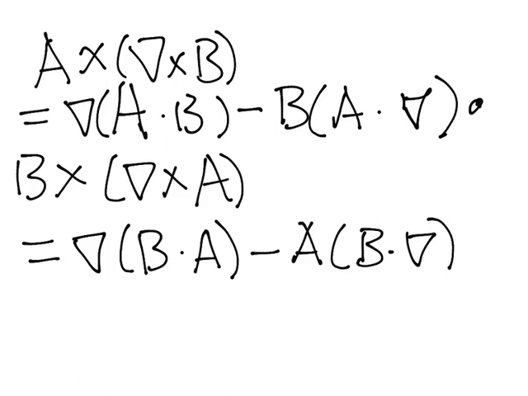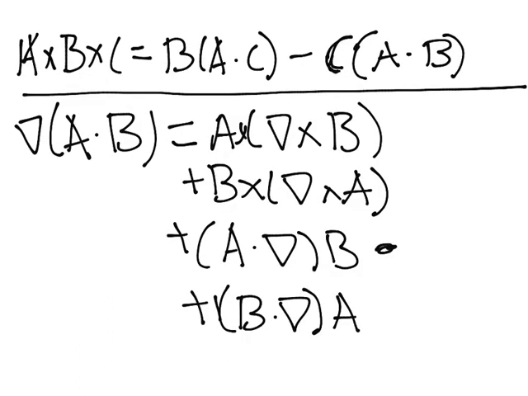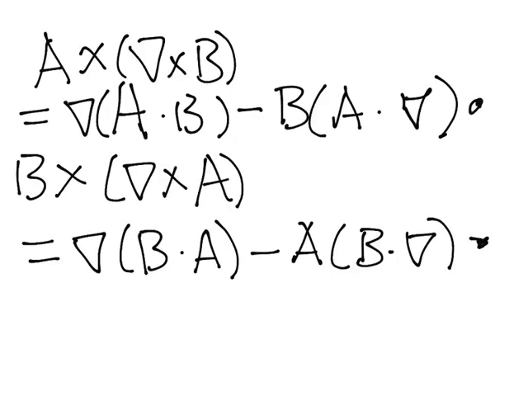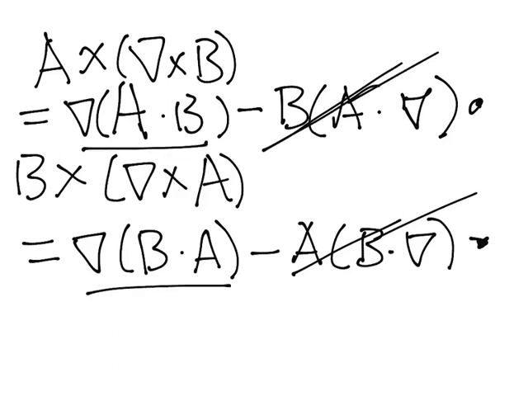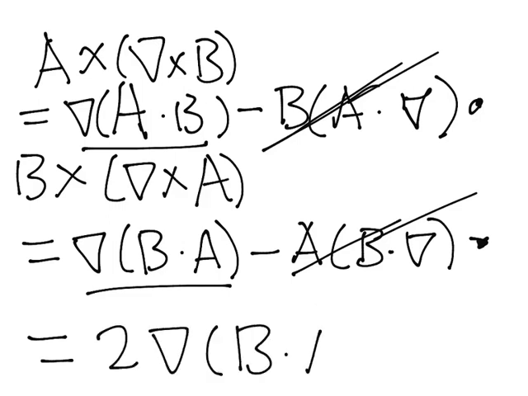So you have A dot grad times B here and A dot grad times B there, and same thing with this one. You might say, well, those just cancel out, and we're left with the left side of the equation. The only issue is this is summing to actually being equal to 2 grad times B dot A.